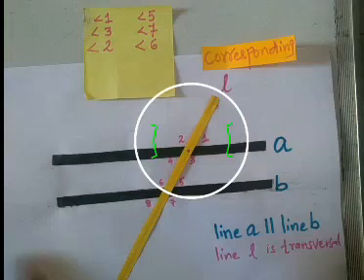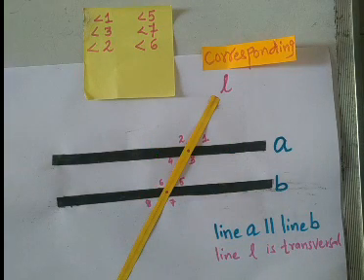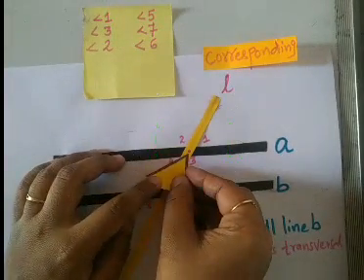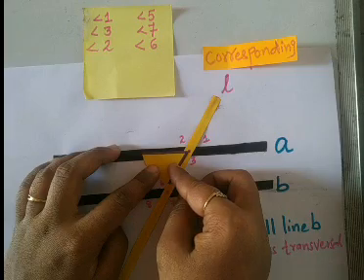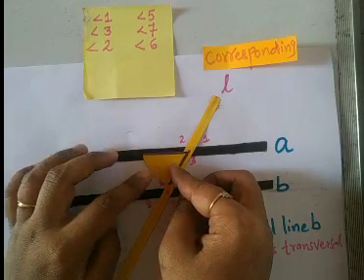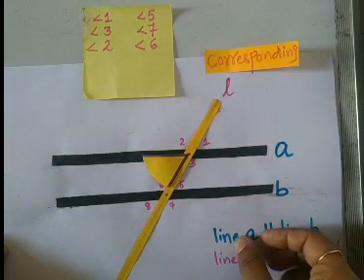Okay, now let's see which angle is left on the left hand side. Let's come to angle number 4. This is my angle number 4.